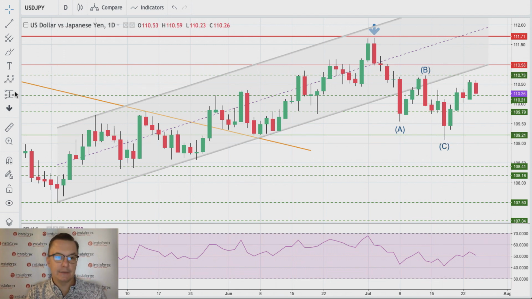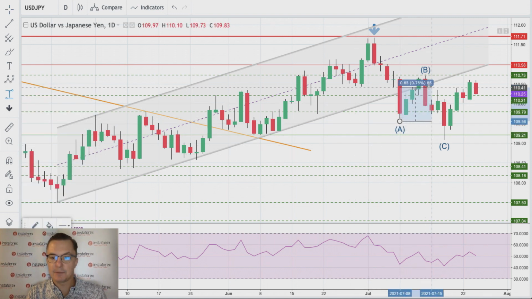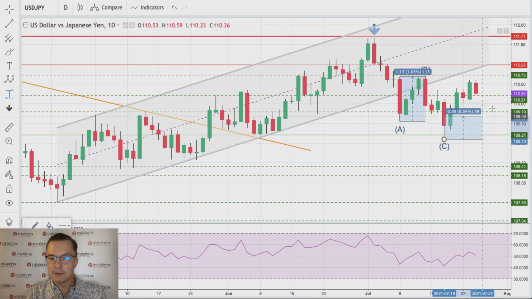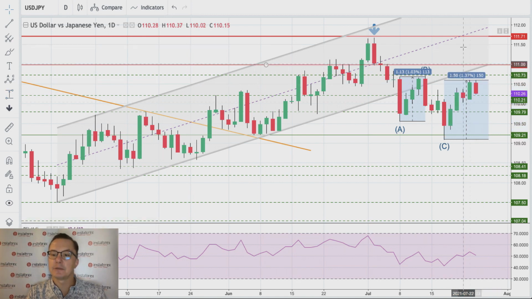Let's see if this bounce is bigger than the previous range in terms of price. This one is around 1%, and this recent one might be a little bit bigger, at 1.3%. So they are not equal, right? So those bounces here are not equal, so this is part of some sort of another cycle.